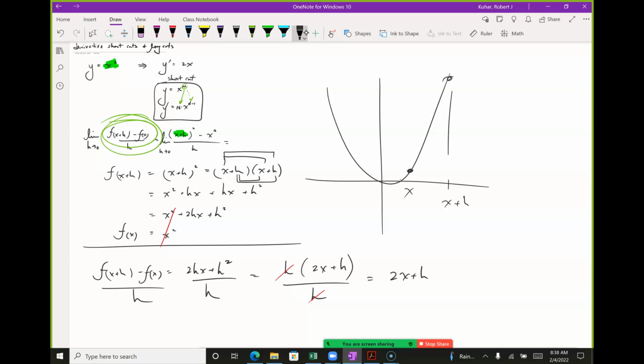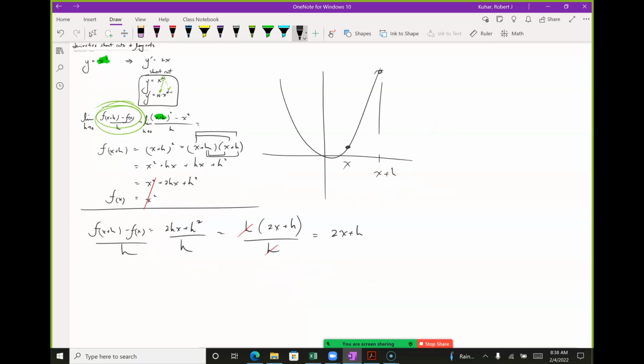So if I have an x and an h, I could figure out the slope of the secant. Here's the weird part: in that homework in 2.1, number 5, x still would have been 2, but h would have been 0.5, and then 0.1, and then 0.05, and then 0.01, right?